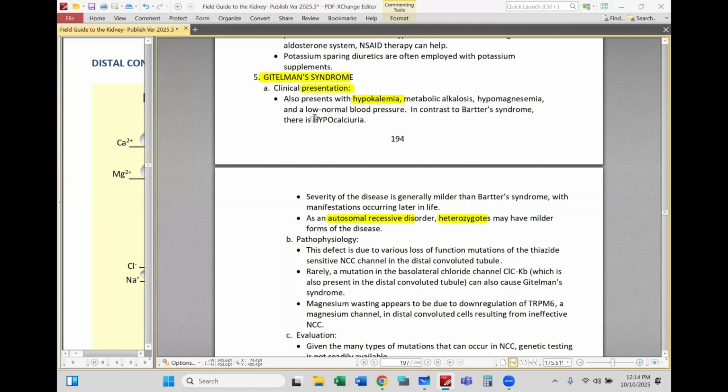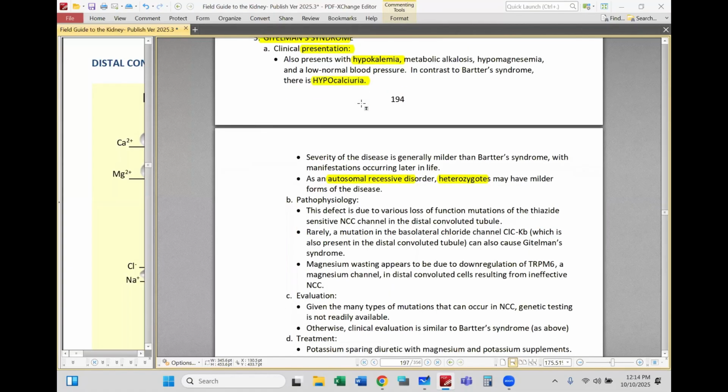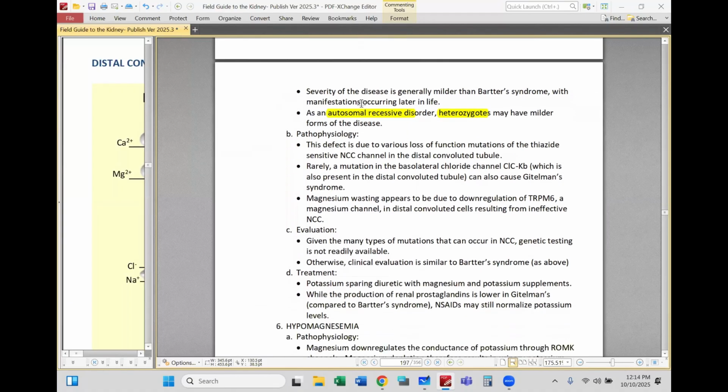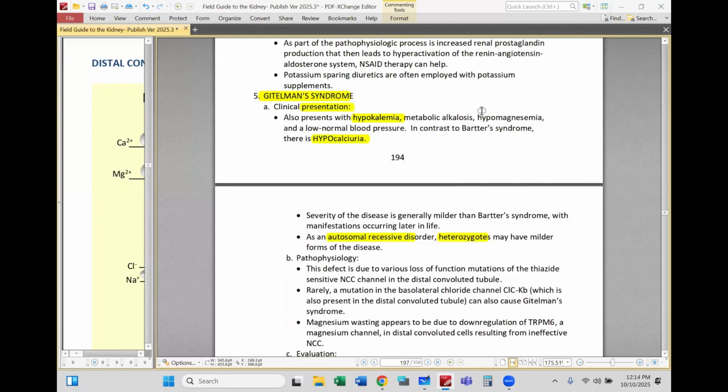Okay, so the hypocalciuria is the characteristic distinguishing factor between Gitelman's phenotype and Bartter's. We've already gone over that fact. And then I've highlighted how magnesium deficiency, even though it doesn't make sense, is more sustained or more severe in Gitelman's patients than in Bartter's patients.